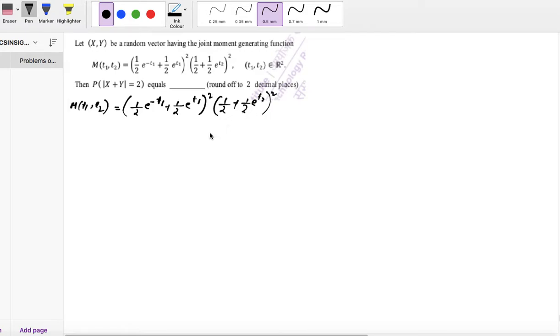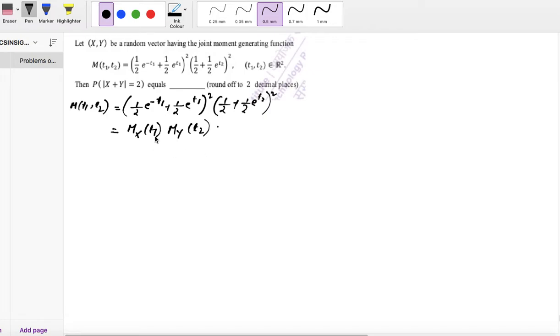It is a product of two moment generating functions. Let it be M_X(t1) and M_Y(t2).